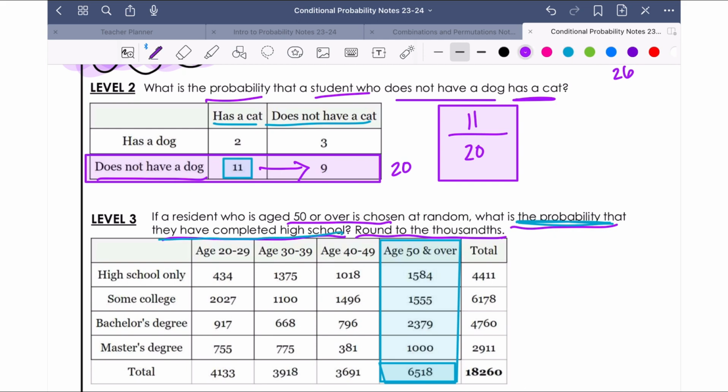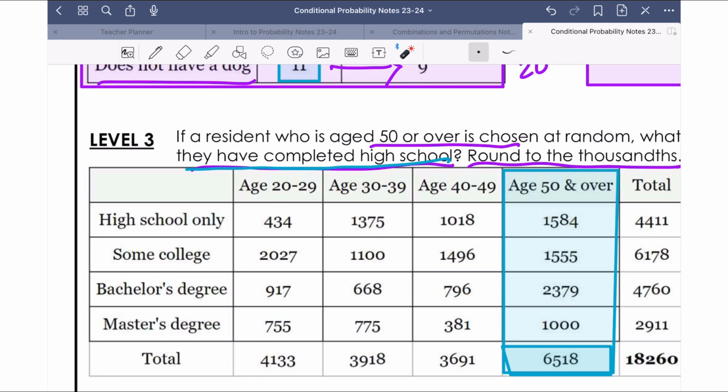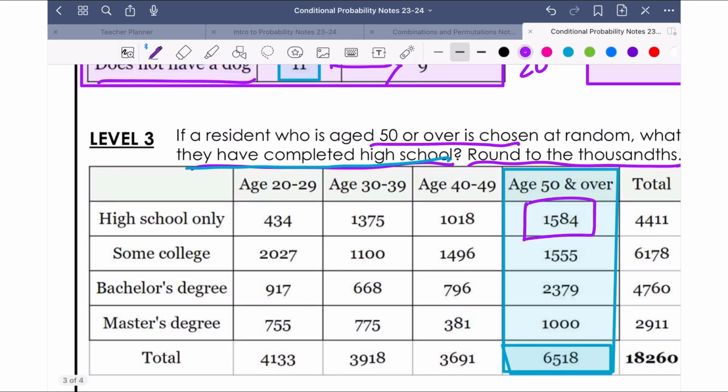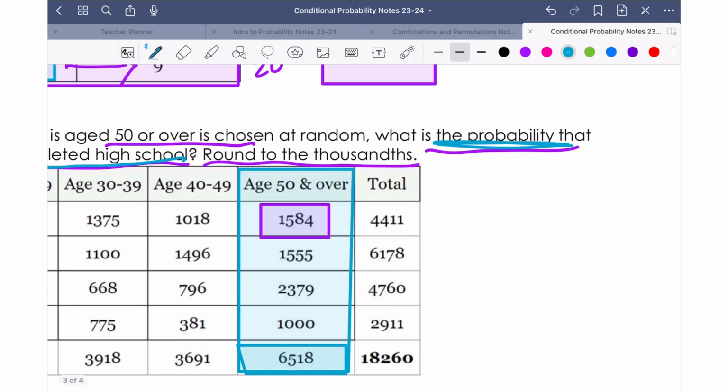Okay, so now we're going to look down these rows. That they completed high school, so that would be the first row. And so we land here, 1584. So let me box it. Okay. And so when we write our probability ratio, that's 1584 out of how many are 50 and over?